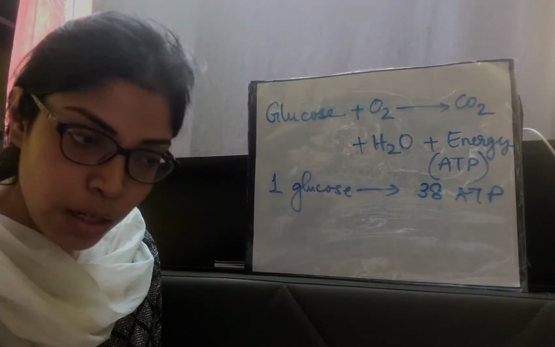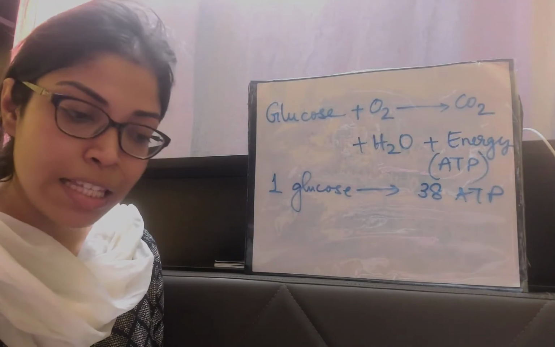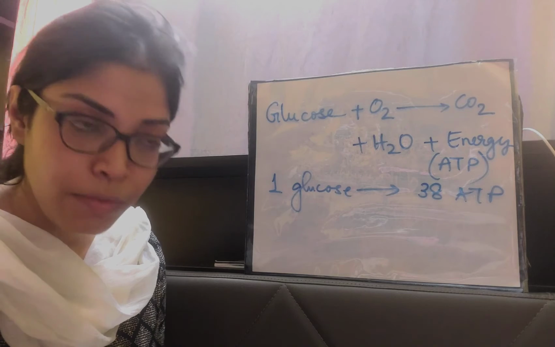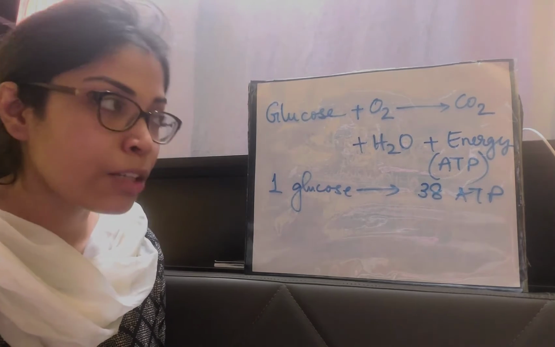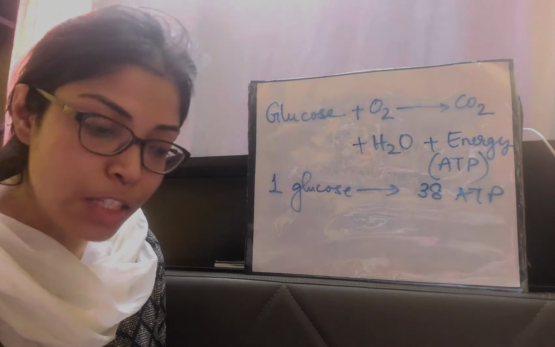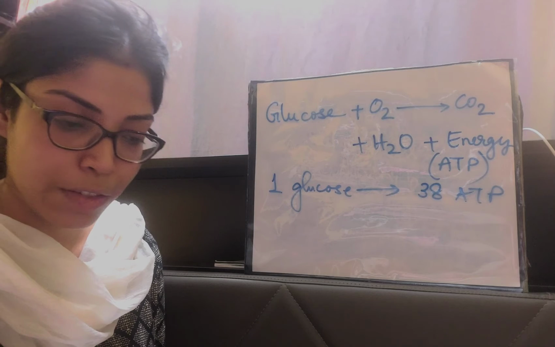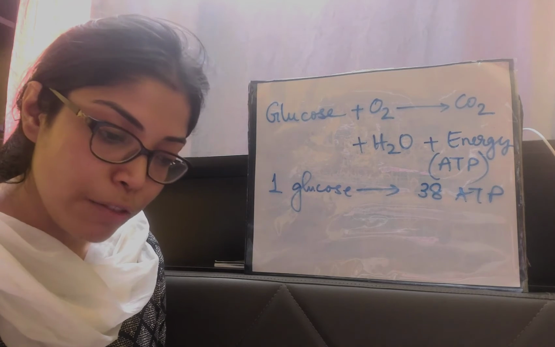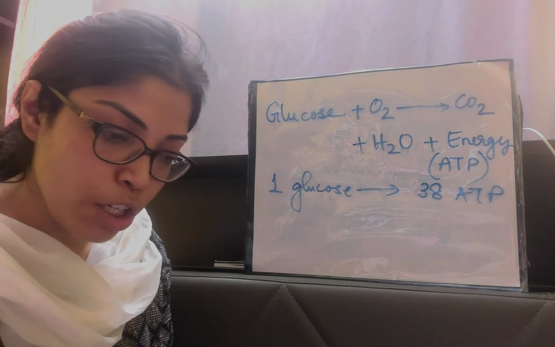The rest, what it doesn't need at that moment, it stores in the cells of different parts of the plant body, and those are then released when the plant needs more energy for various metabolic activities.